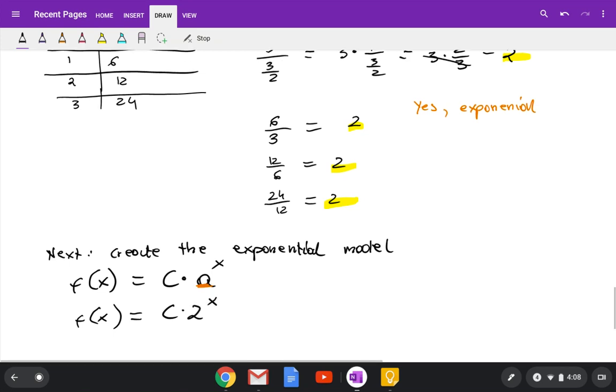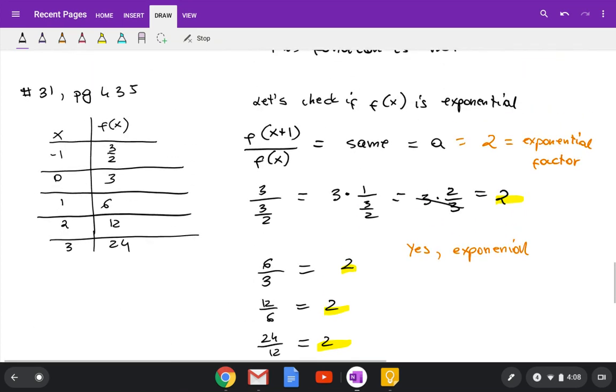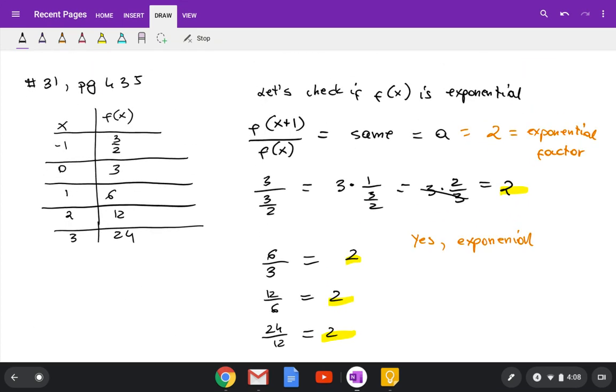Okay, the last thing you need to figure out is c. Don't forget that c is the initial value, which means the y-intercept. Let me check right here. Look what happened. In that table, they gave you the y-intercept.